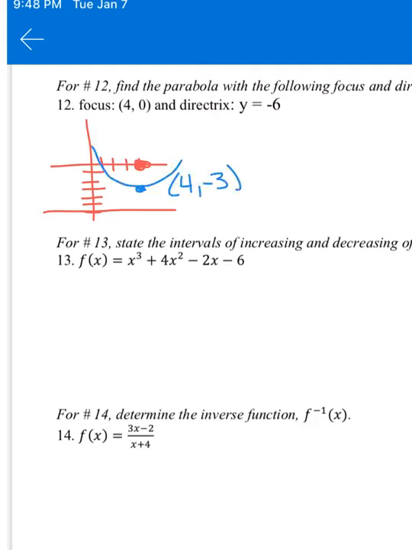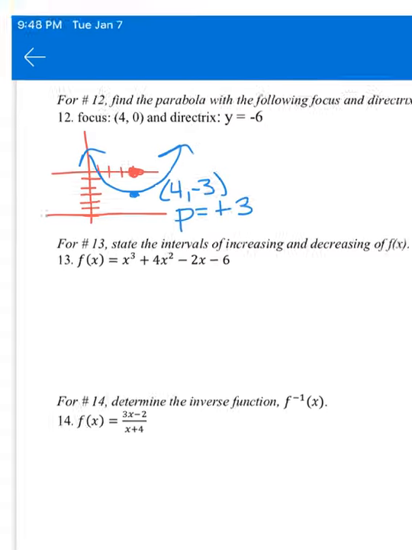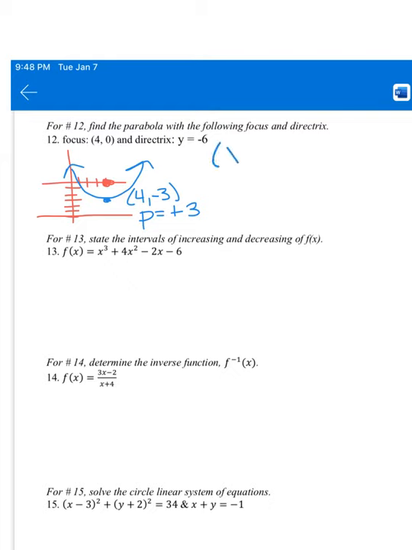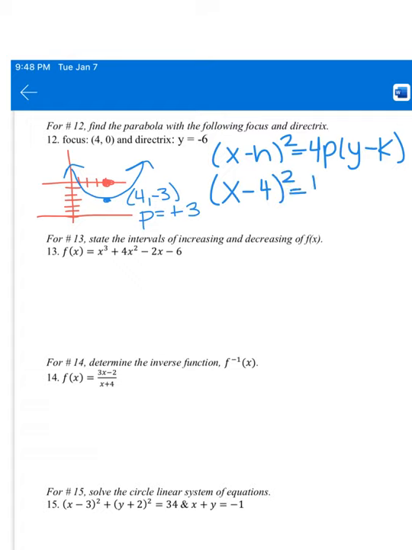Your parabola is concave up, because again, the parabola has to hug the focus, which means p is a positive number. You are going up 3 to get to the focus. So your equation, x minus h squared equals 4p y minus k, is x minus 4 squared equals positive 12 times y plus 3.